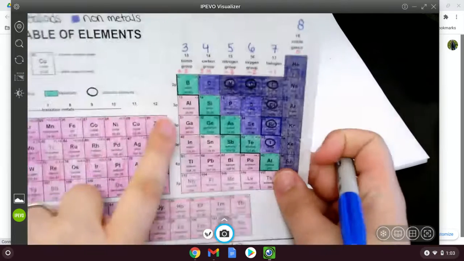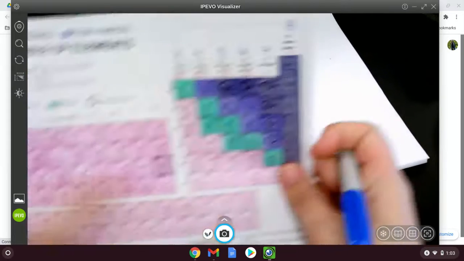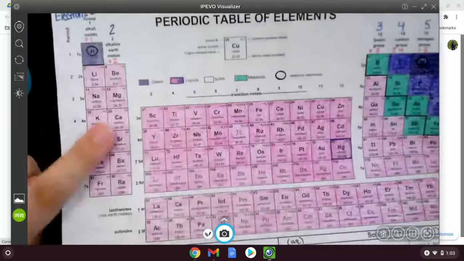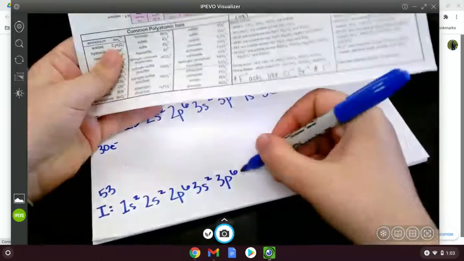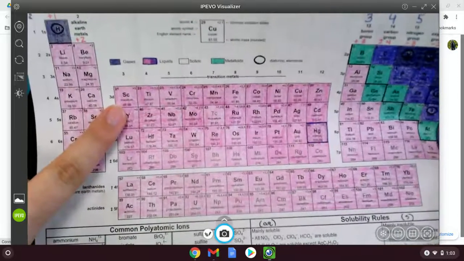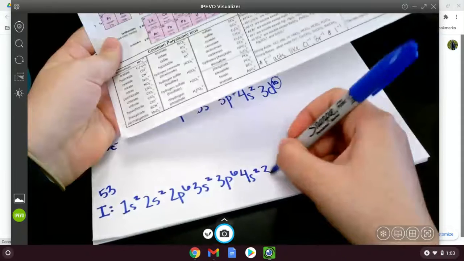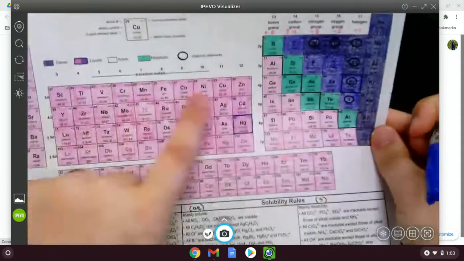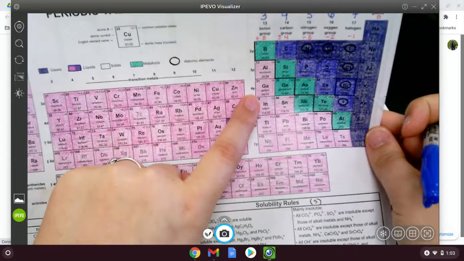After 3p, from argon to potassium, we go to 4s. So 4s2. After the 4s, 3d. And we know that's going to be a 3d10. So after 3d is 4p.